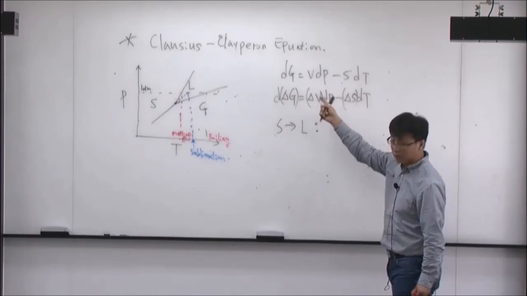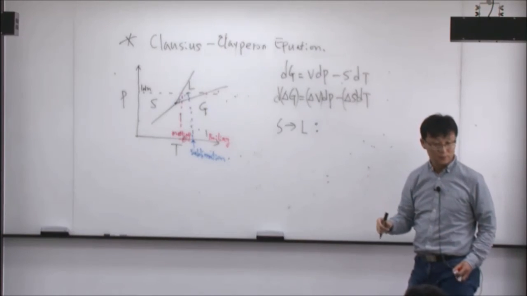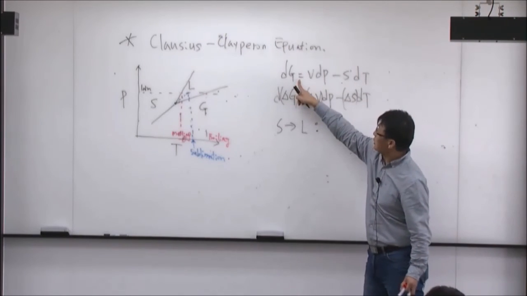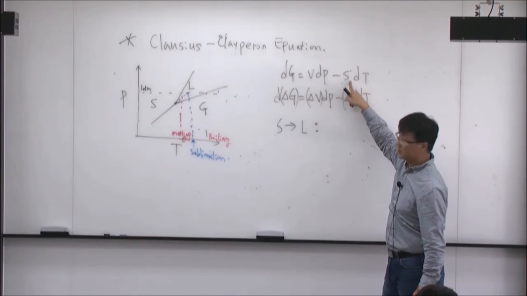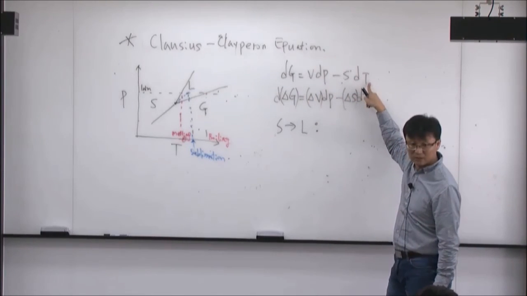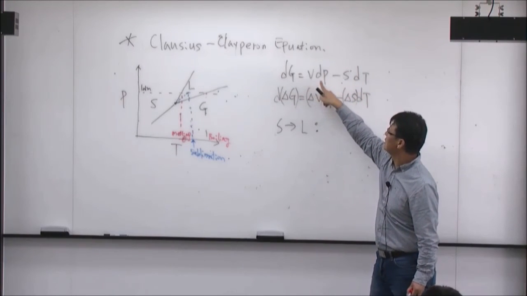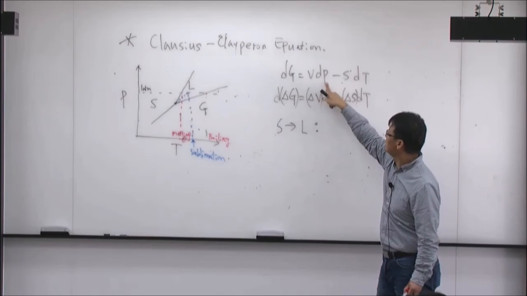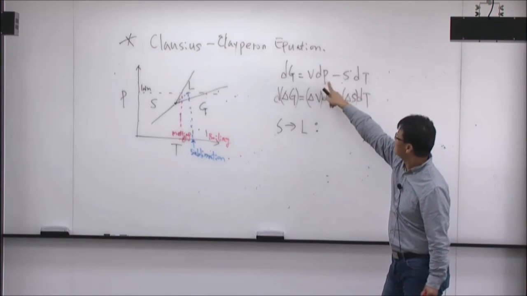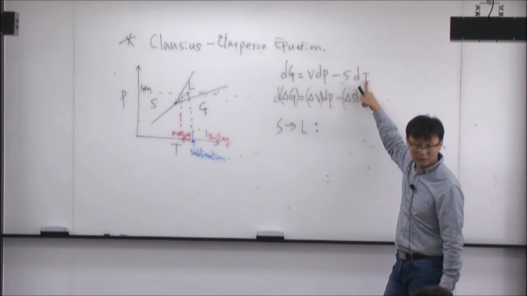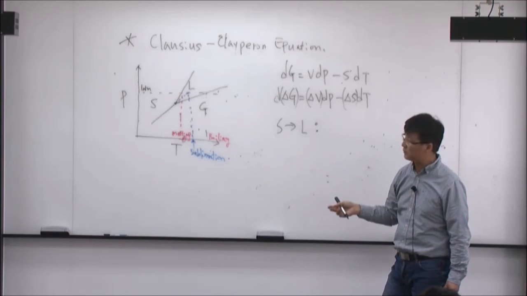So the Gibbs energy of solid and the Gibbs energy of liquid should be expressed. dG of solid equals V solid dP minus S solid dT, and dG liquid equals V liquid dP minus S liquid dT, because P and T are state functions, regardless of the solid, liquid, or gas phase.